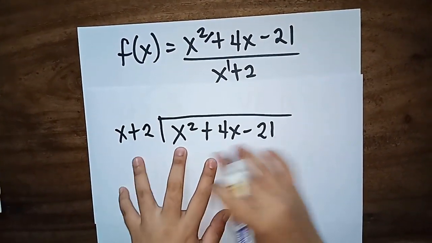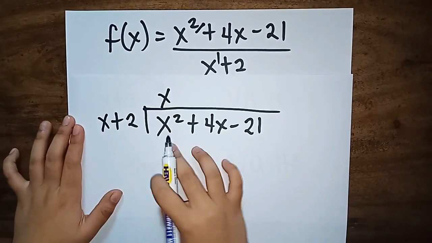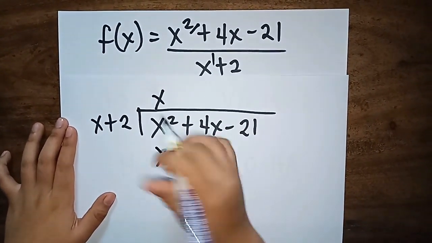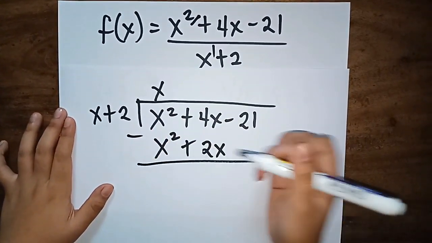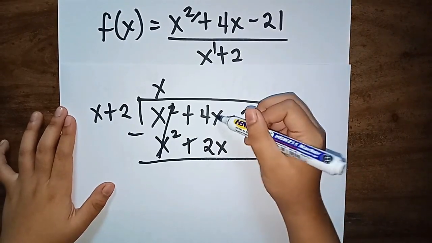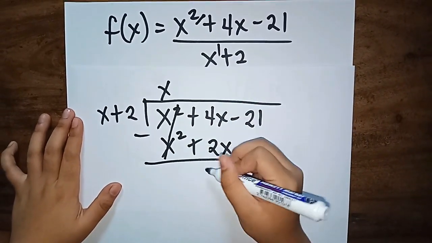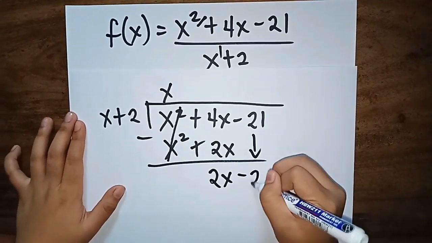So, x squared divided by x is equal to x, then x times x equals x squared, then x times 2 equals positive 2x, then subtract. x squared minus x squared is equal to 0, or cancel, then 4x minus 2x is equal to 2x, bring down negative 21.